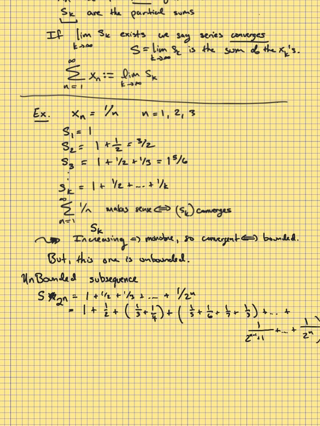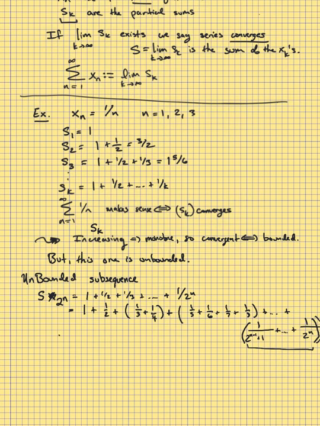So you're looking at 2 to the n terms, and you're basically cutting it repeatedly in half. So this is like the last half of the terms. Before this would be the last quarter of the remaining, then the last eighth of the remaining, and so on.